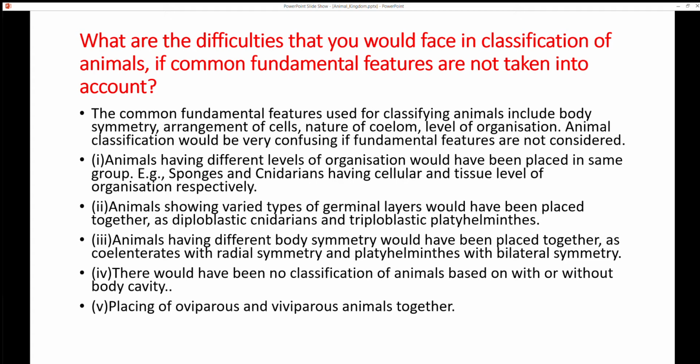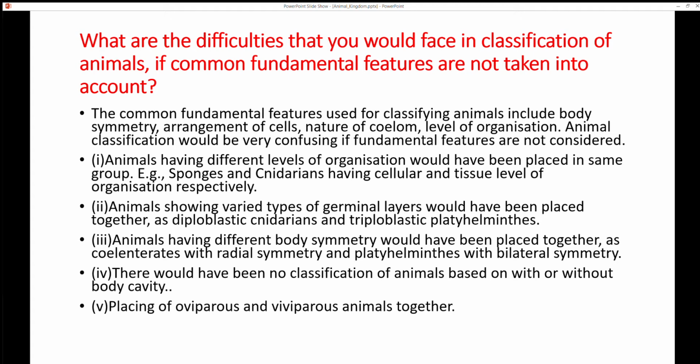Sponges are cellular, cnidarians are a little bit further grown, and it turns into tissue level of organization respectively. So they gave a flow chart in your textbook which differentiates them. Please follow those flow charts, then you will get an exact idea of these basic fundamentals.